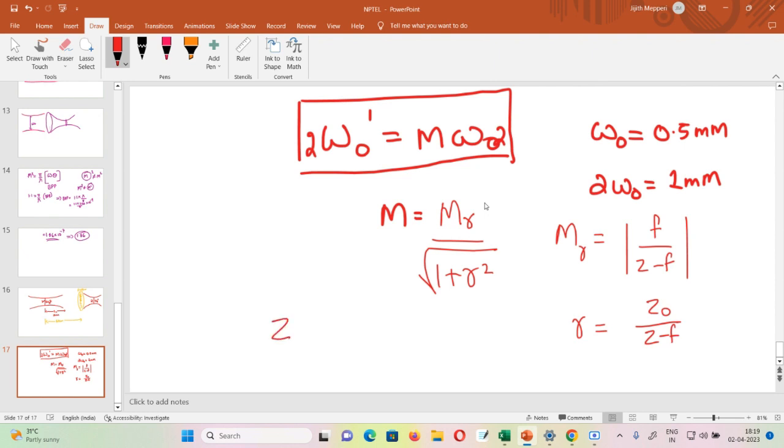What is z naught? Z naught is equal to pi omega naught squared by lambda. So first, what you have to calculate?